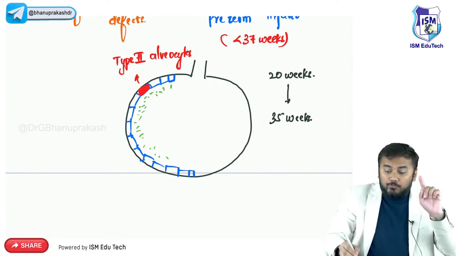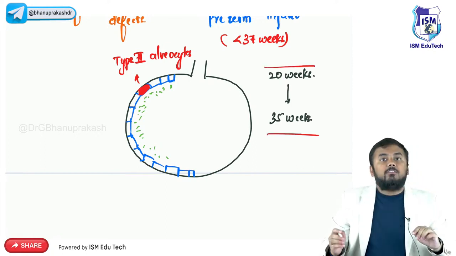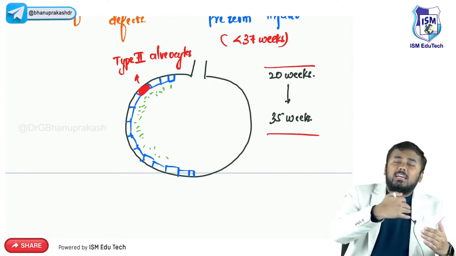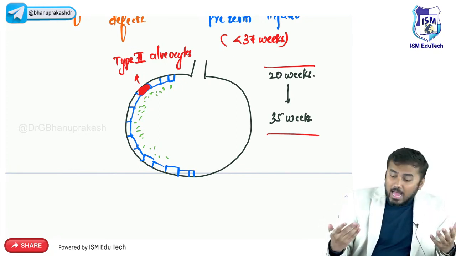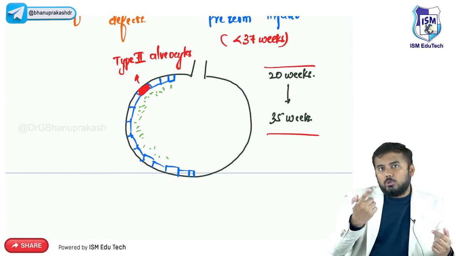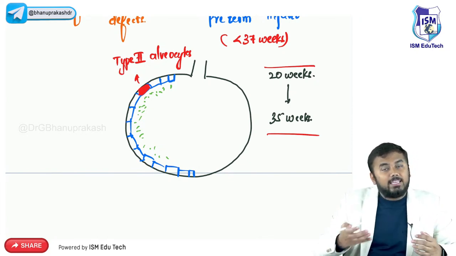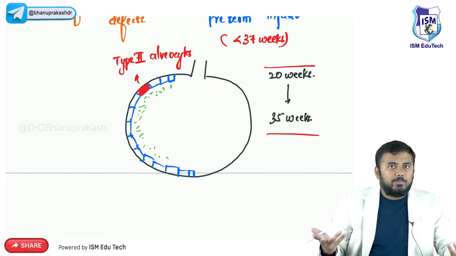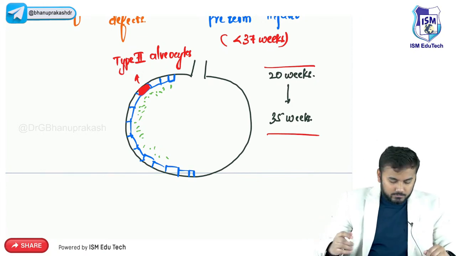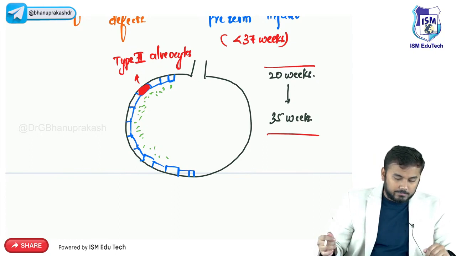So from 20 weeks till 35 weeks, this is a phase where the lungs are completely immature, completely underdeveloped. If delivery happens at this time, do you think the baby will survive properly? Can he oxygenate properly? No. It would lead again to hypoxic ischemic encephalopathy. All of you understood?